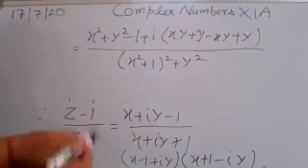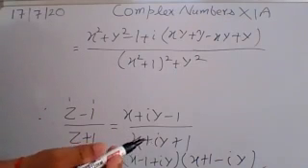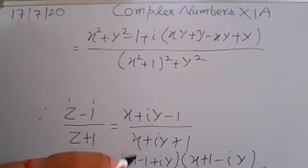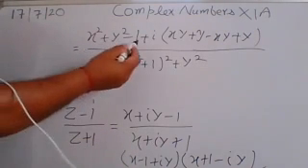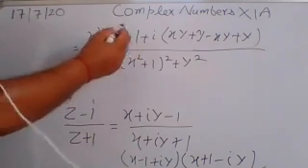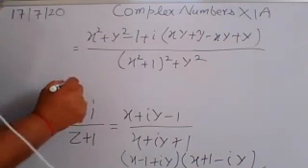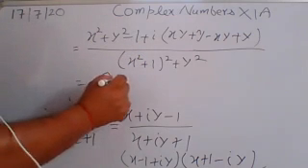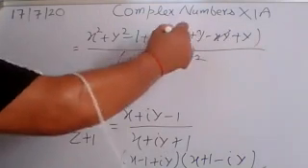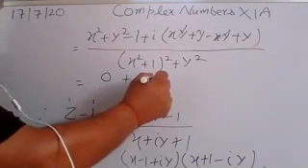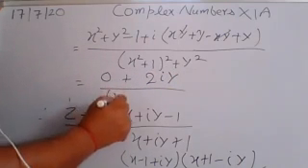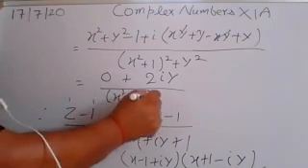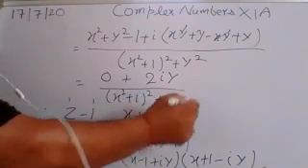Understand? Now from equation 1, you have x square plus y square is equal to 1. So you can write x square plus y square minus 1 is equal to 0. So that part is 0. So here you have 0, and plus xy and minus xy cancel out. So here you have 2iy upon x plus 1 whole square plus y square.